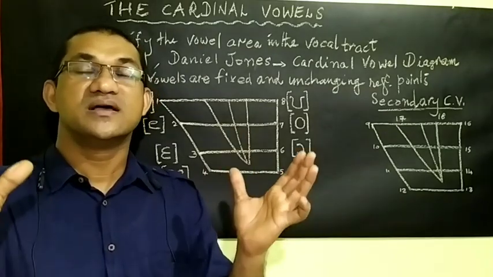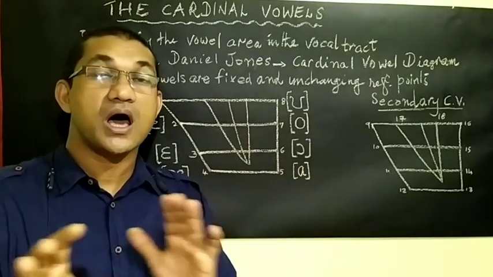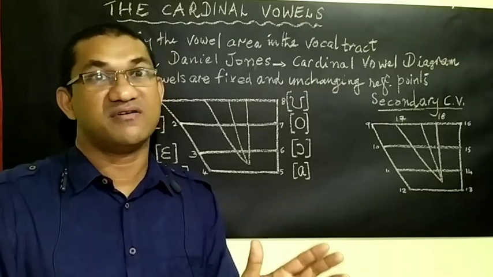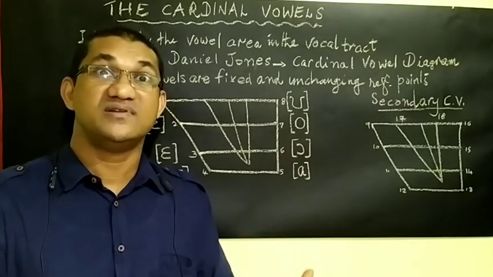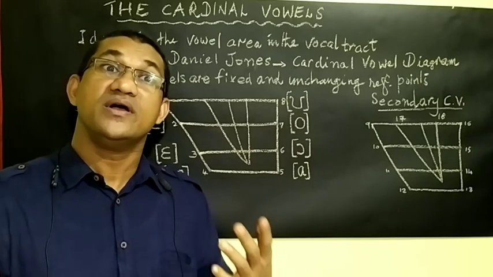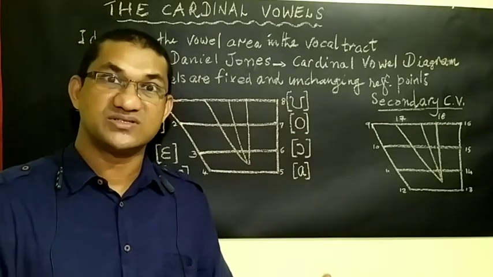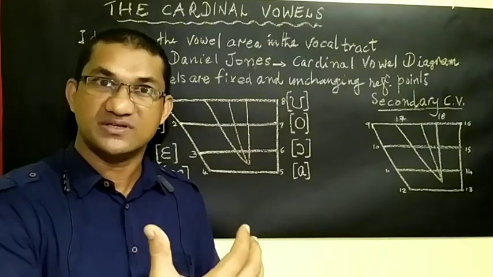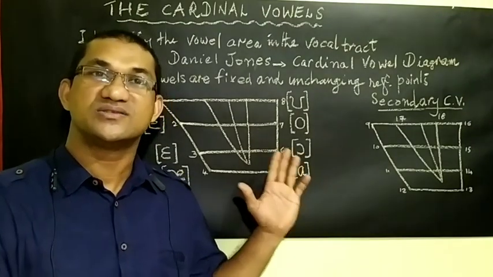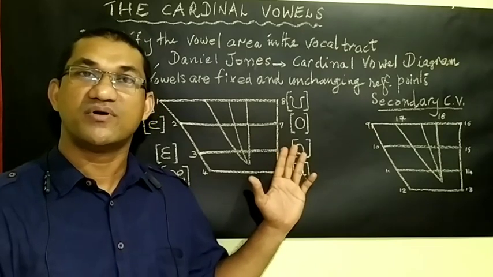So these cardinal vowels are not real vowels. They are hypothetical, imaginary vowel sounds. If there can be a vowel sound produced with maximum fronting of the tongue, maximum closeness, and no rounding of the lips, that is cardinal vowel number 1.